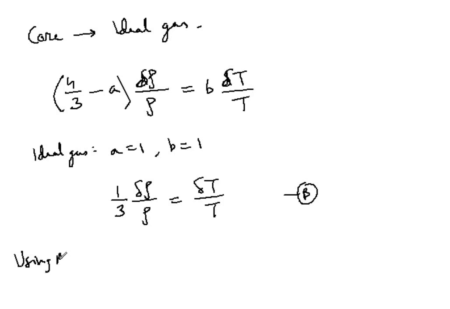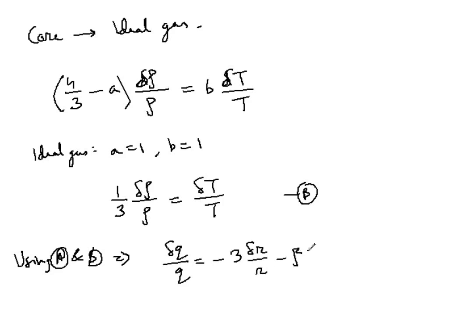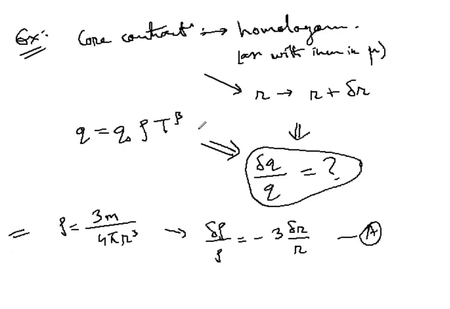So using A and B, what we get is del Q by Q is equal to minus 3 del R by R minus beta del R by R, and finally you can write minus (3 plus beta) into del R by R. So this is your change in the nuclear burning rate as a result of this change in the radius.